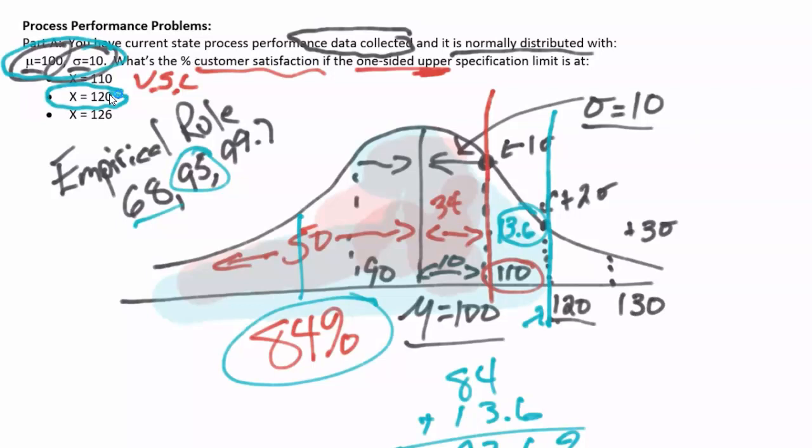But the specification limit that we're looking for here isn't at 130, it's at 126, which is right about there. Well, crud, if it was at 130, we could just use the empirical rule to figure out this slice between 120 and 130 and add it to our 97.6, and everything would be fine.